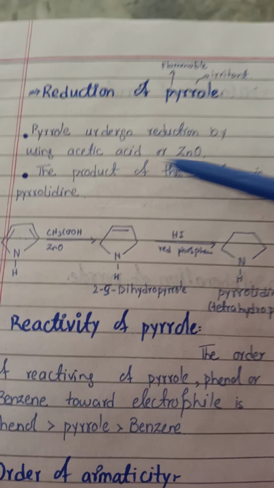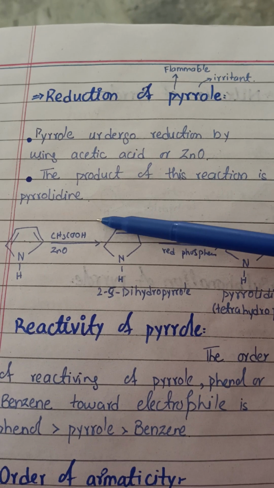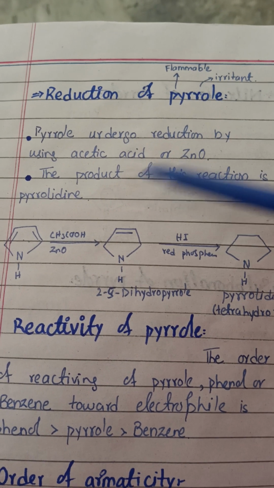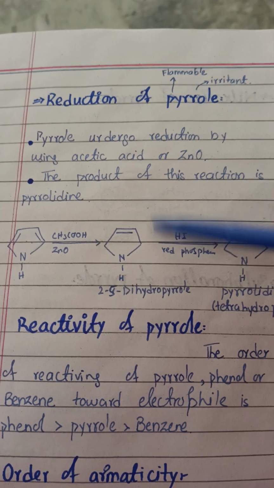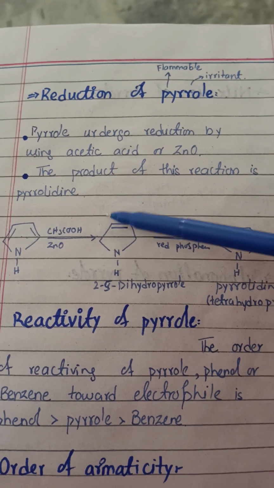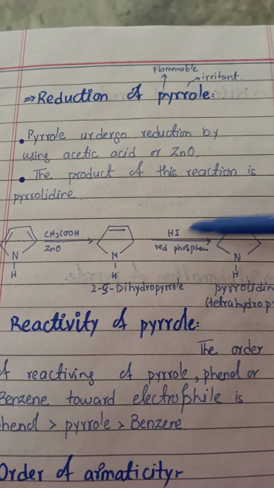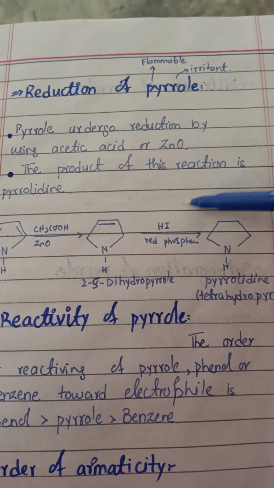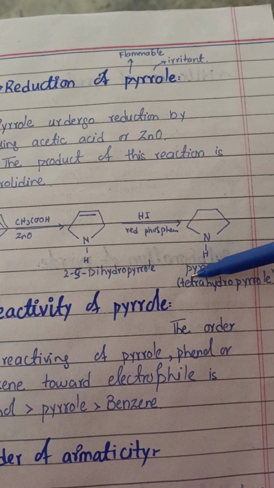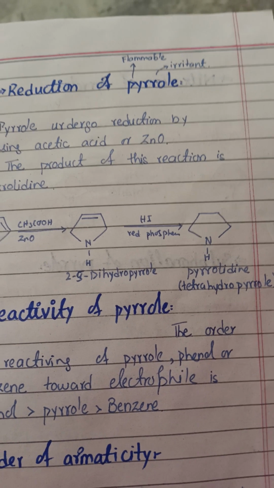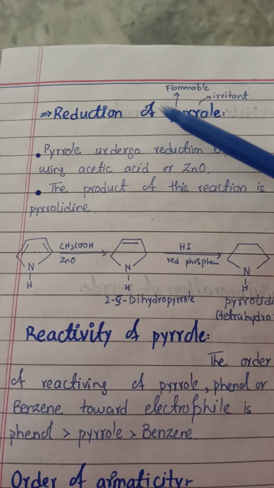Pyrrole undergoes reduction in the presence of acetic acid and zinc. First of all, 2,5-dihydropyrrole is formed. This is the structure of 2,5-dihydropyrrole. Then in the presence of red phosphorus and hydrogen iodide, it converts into pyrrolidine, also called tetrahydropyrrole. This is the reduction of pyrrole.